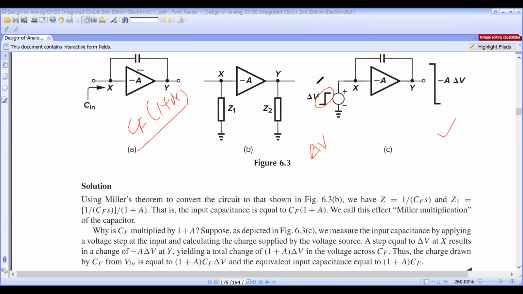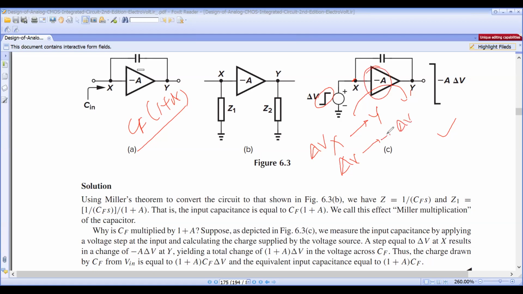Because of this step voltage, how much charge is supplied from here to Y? At X you are applying delta V. At Y the corresponding change is the same delta V multiplied with the gain.